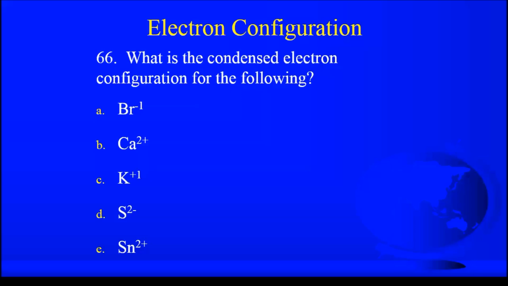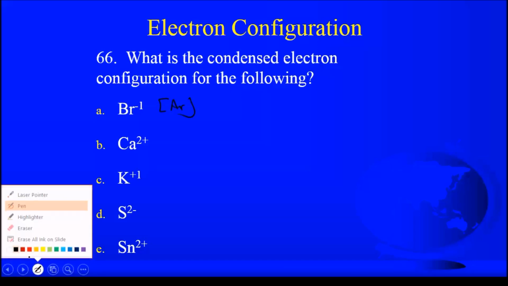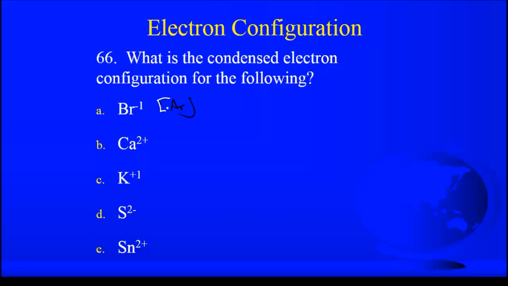Spencer, give me the electron configuration for bromine, and then give it to me for bromine -1. Condensed. What noble gas is up and to the right? Okay, so let's begin with argon. Argon, continue from there.